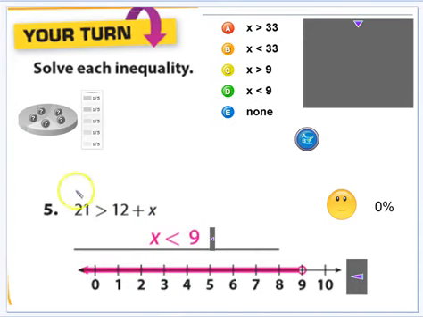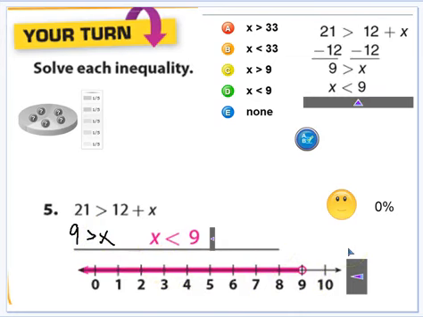So just working it out, it would be 9 is greater than x if you just work it out that way. And then we go to 9, we put our circle, and then since x is less than it, we're going to the left. Our open circle, class. And that's how you work it out.